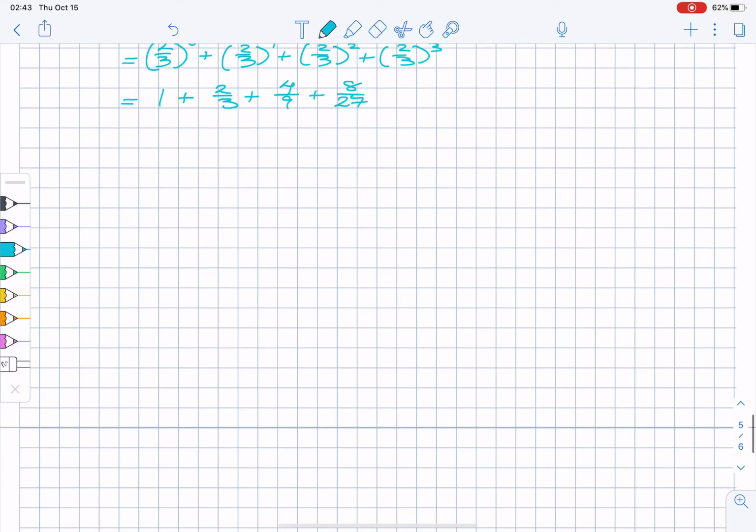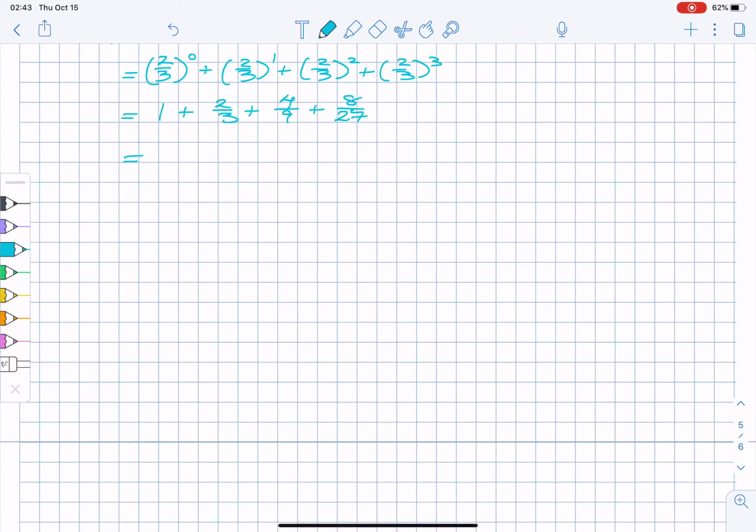So the lowest common denominator here is 27. 1 into 27 is 27. 3 into 27 is 9, so 2 times 9. 9 into 27 is 3, so 4 times 3. And 27 into 27 is just 1.